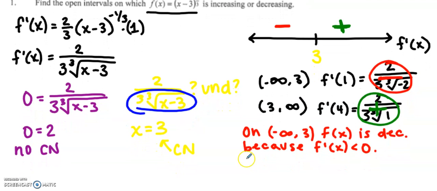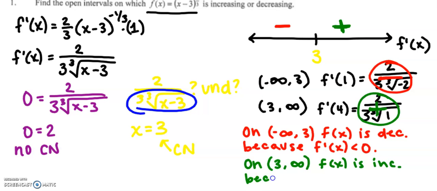The next one then, the other interval that we created, on 3 to infinity, f of x is increasing because f prime of x is greater than 0, which means that we have a positive slope.